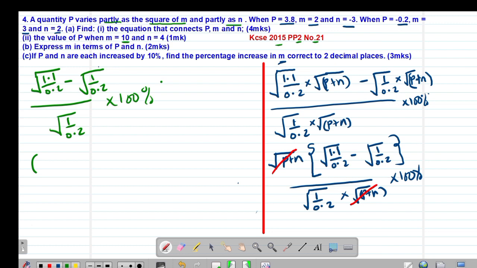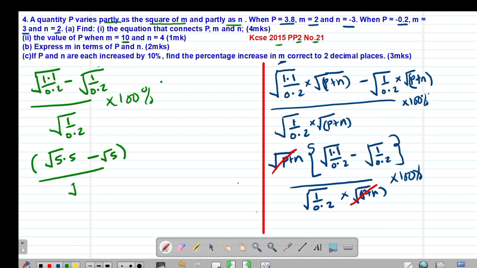So let me see, 1.1 divided by 0.2, I'll get 5.5. So this is the same as saying the root of 5.5. Then of course minus the root of 1 divided by 0.2, which will still give you 5.